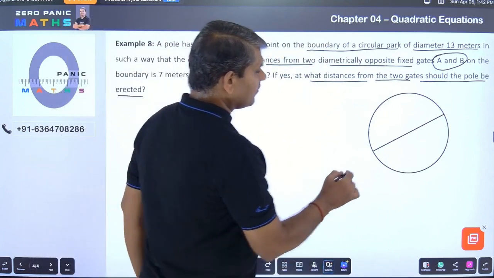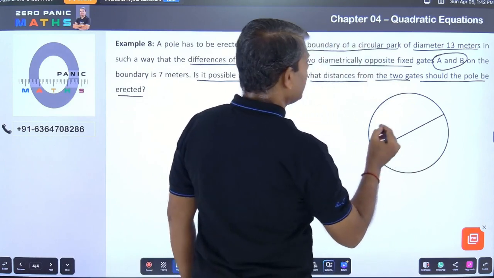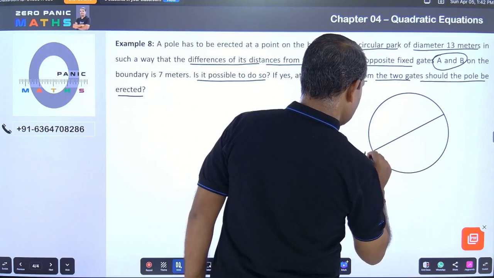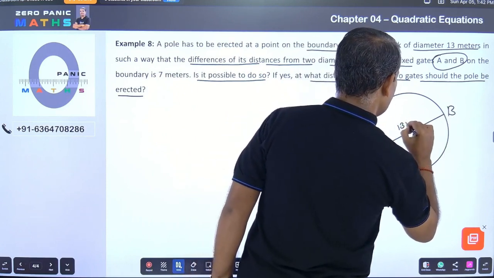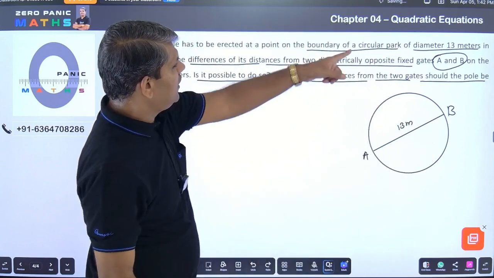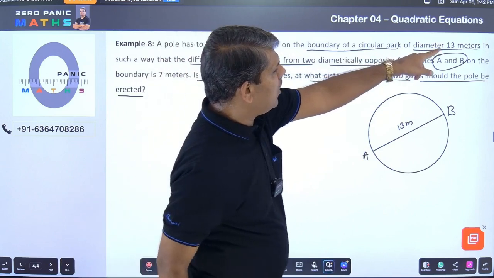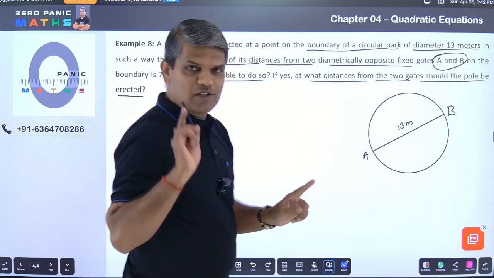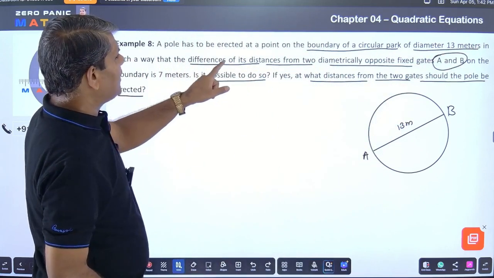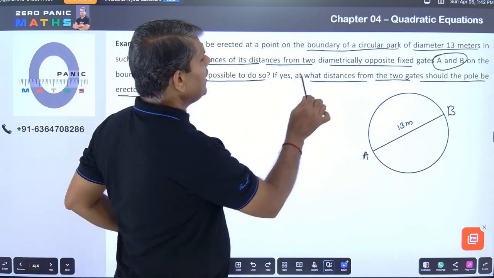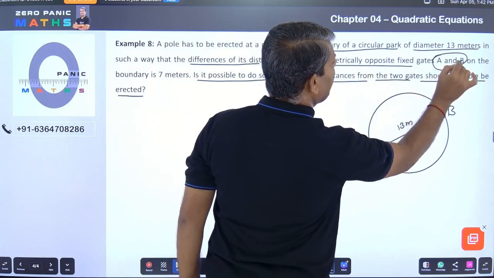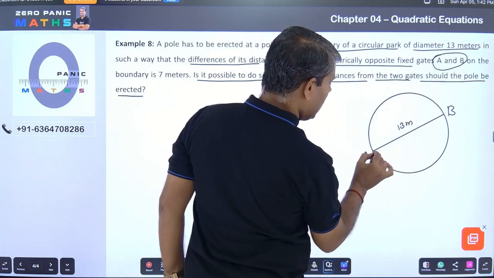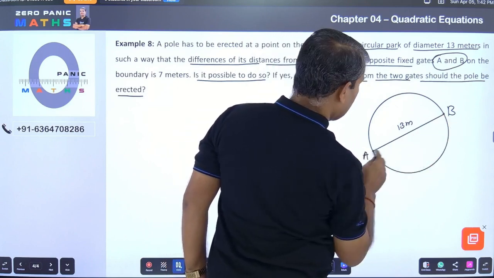Then these are A and B, and 13 meters is what they have given. See, boundary of a circular park of diameter 13 meters. Now, in such a way that the difference, that we will see, but they have given diametrically opposite fixed gates A and B. There are gates A and B diametrically opposite, right?